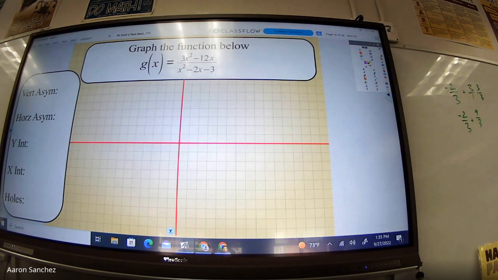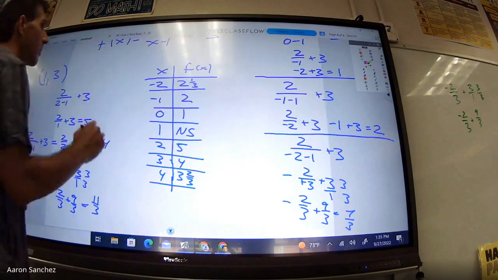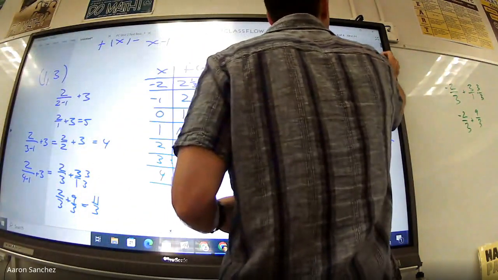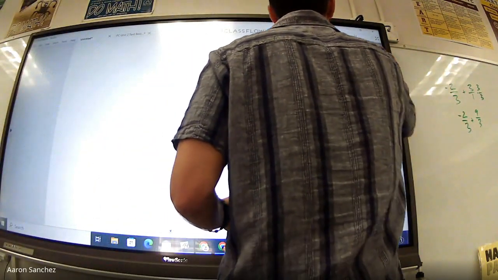I'll try to fix that on the test tomorrow. It's probably the same thing because I just copied them. In other words, it's the same test, I just changed the numbers, just so you guys know. I'm just trying to make it as easy as possible. This is a hard class. I'm trying to help you out as much as I can.